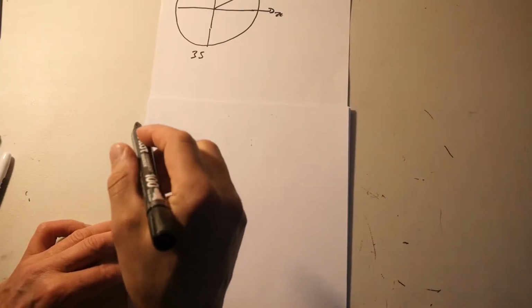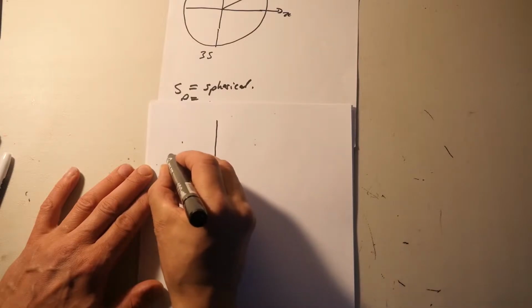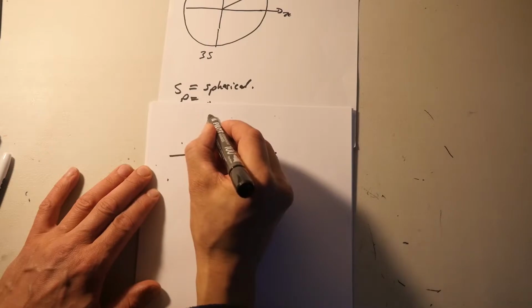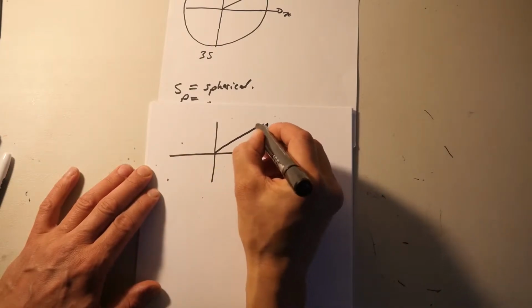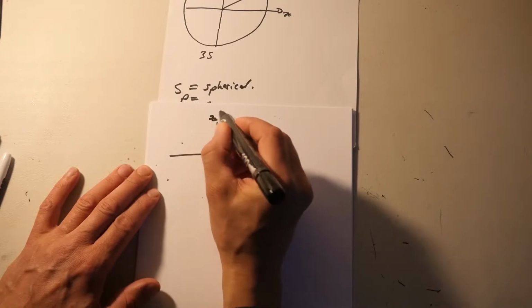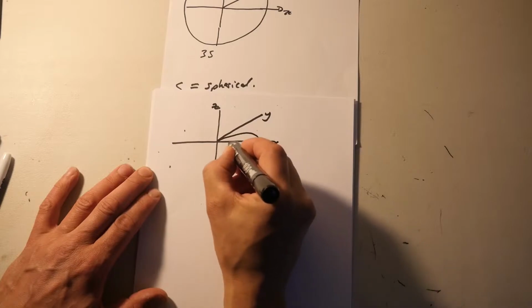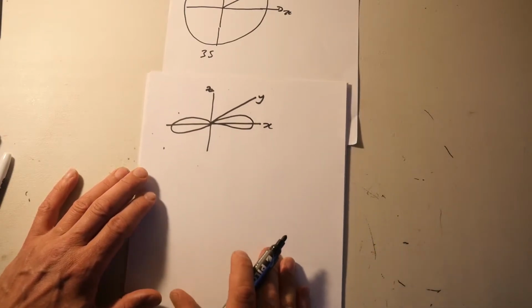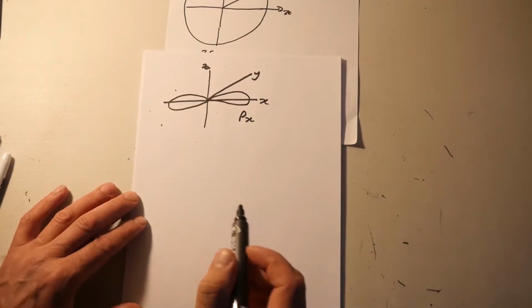Right, next the P subshells. So you've got X, Y and Z. So that's the px orbital.